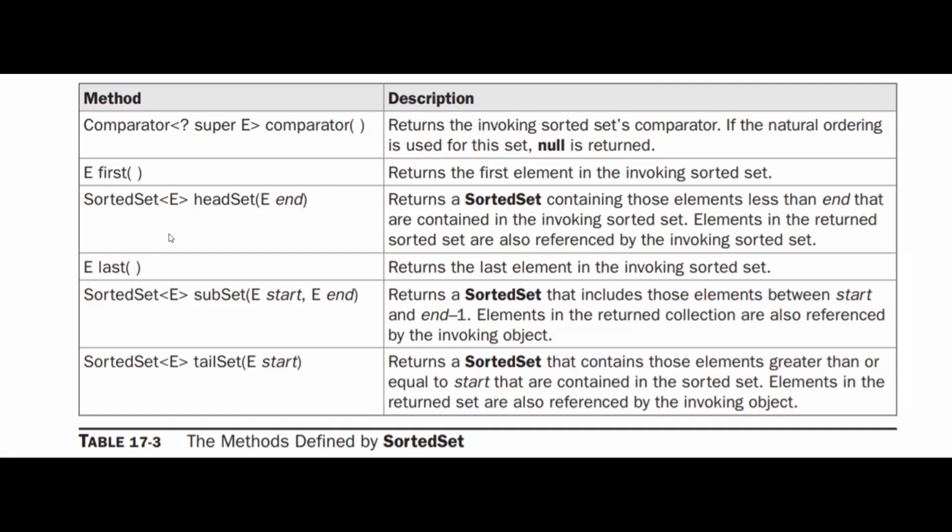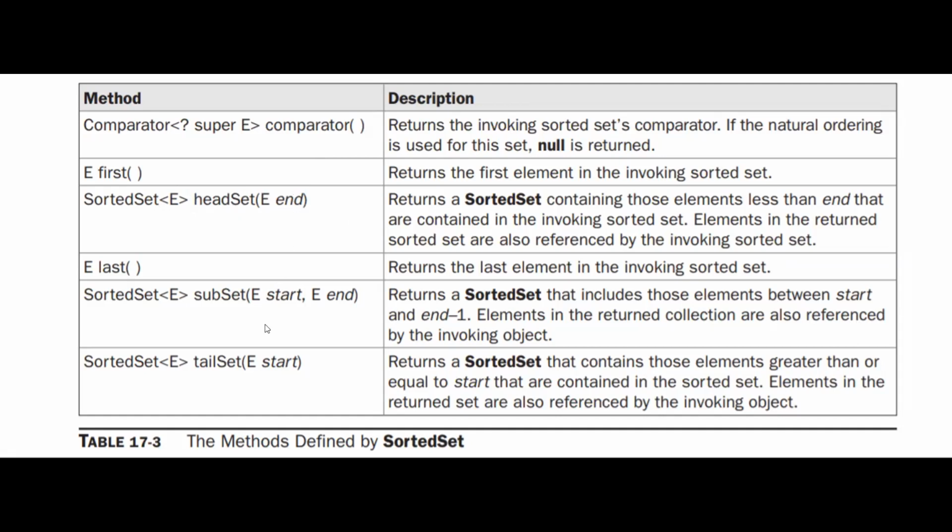From the first element till this particular element, the sorted set will be returned. It is just like how we extract a subset, right? But here we can't say subset. It is from the first element till this particular element that will be returned. So elements in the returned sorted set are also referenced by the invoking sorted set only. So from starting till this one, that is the head set.